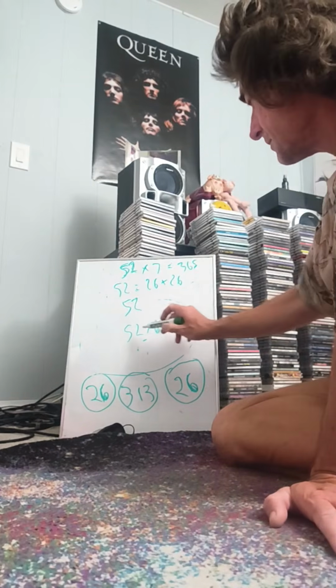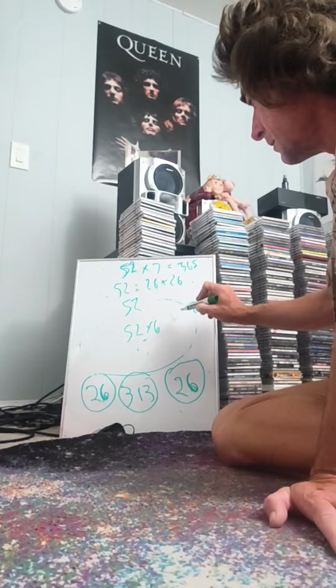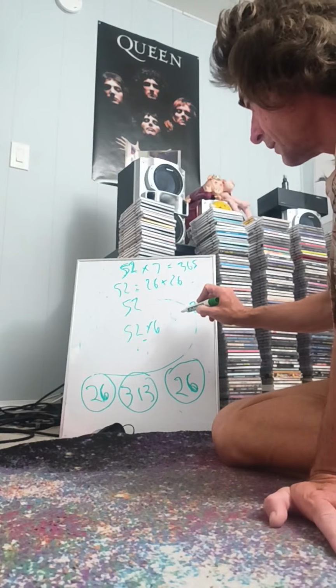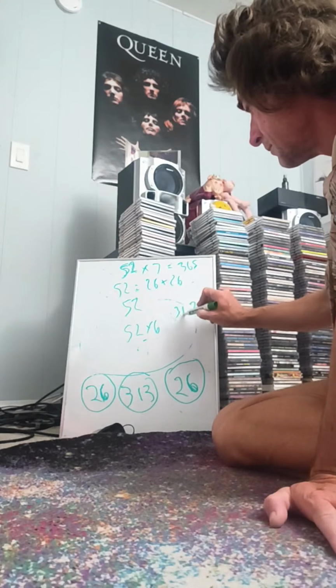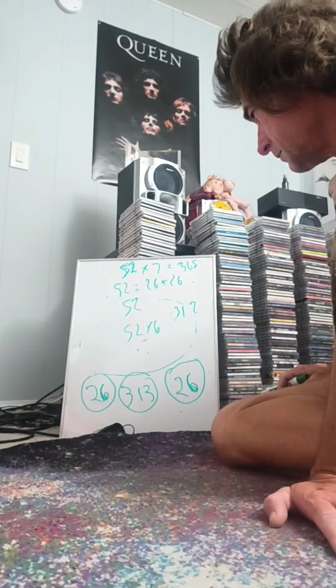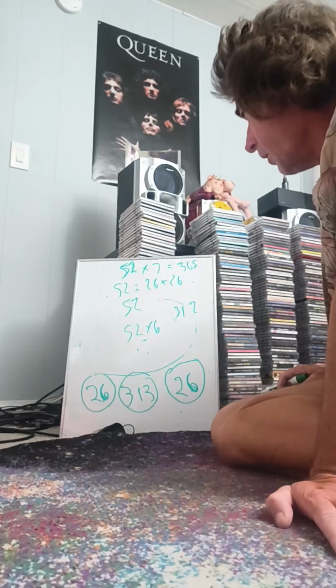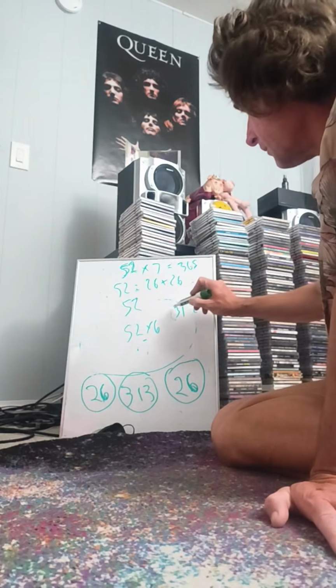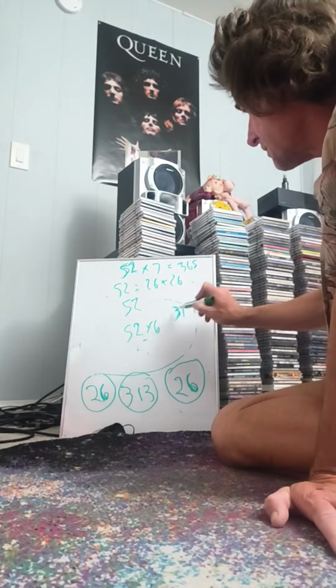And 52 times 6 is 312. Did I do that right? Yeah, 52 times 6 is 312.